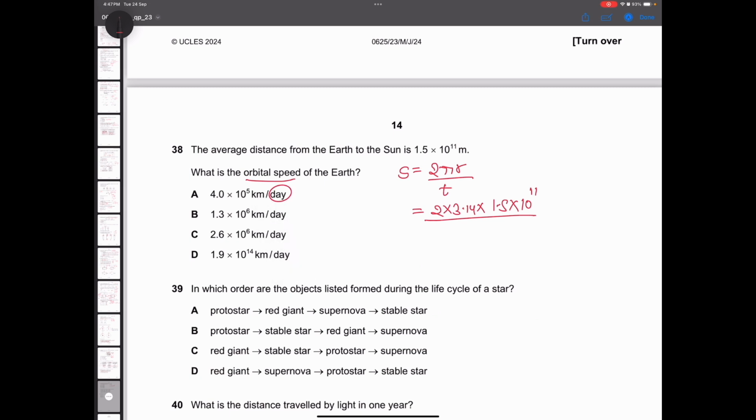So in a year, how many days are there? 365. Plus one more point, this is in meters, so you will have to use kilometers because the units are in kilometers. So it will be 1.5 times 10 to the power 8. So in place of 11, use 8. When you solve this value, you will get option C as the correct one.